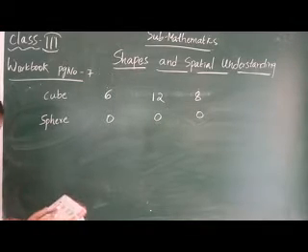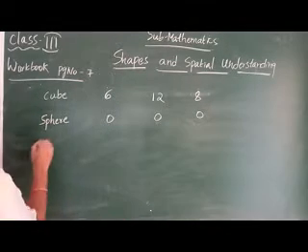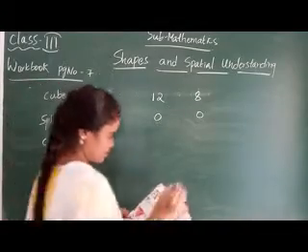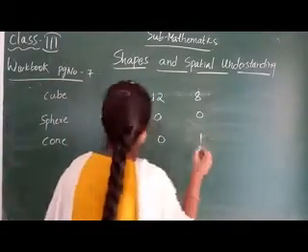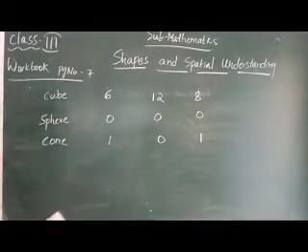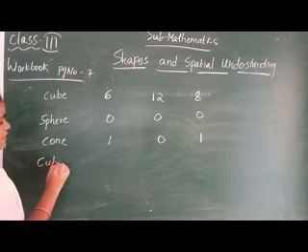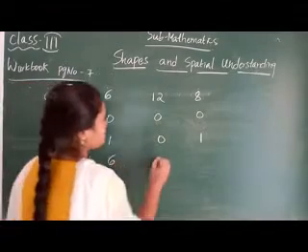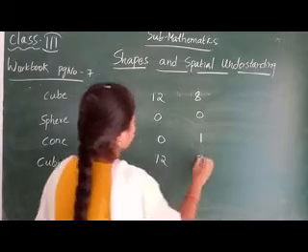Next one, cone. 1 face, 0 edges, 1 corner. Next one, cuboid. Cuboid is 6 faces, 12 edges, 8 corners.